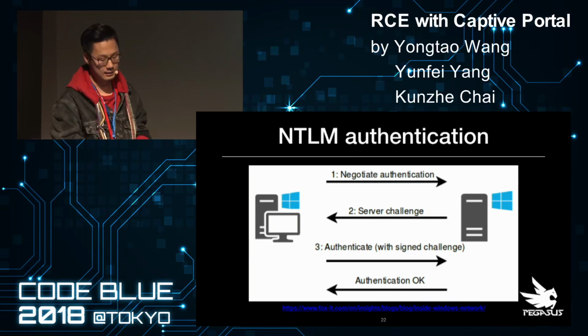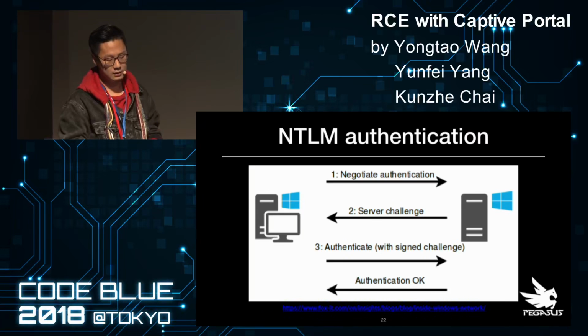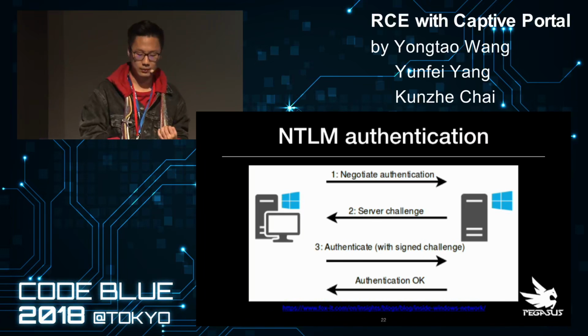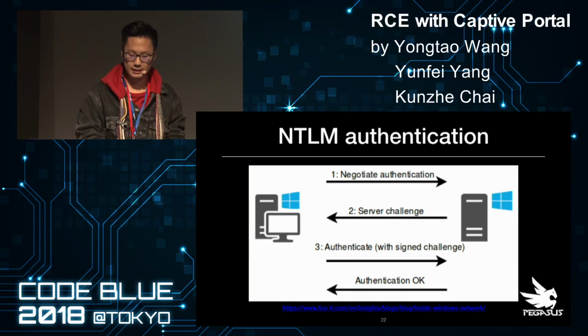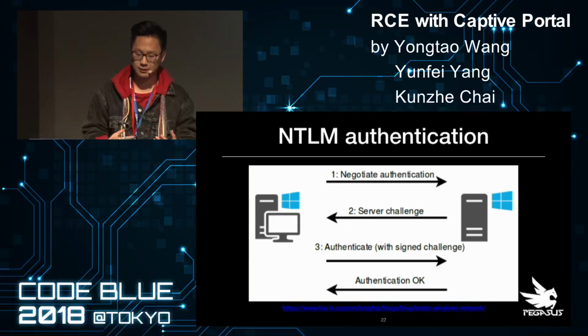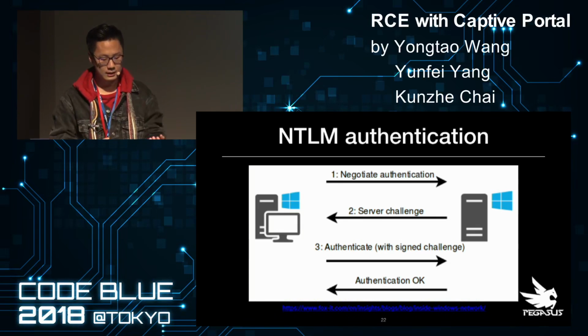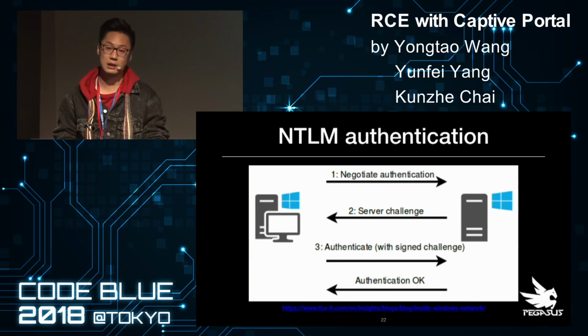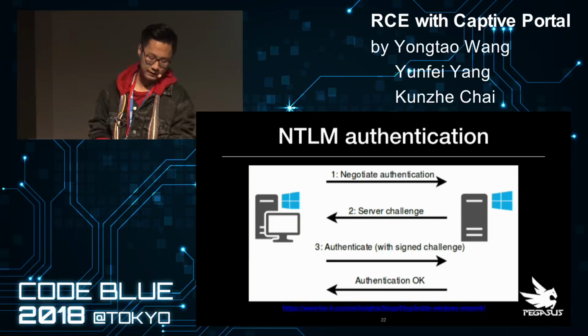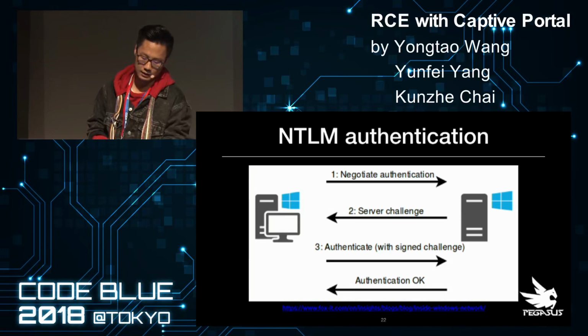The next step is the server challenge. The server responds with its own message, telling the client which NTLM version is accepted and which features it wants to use. This message also includes a challenge value. Finally is the authentication response.